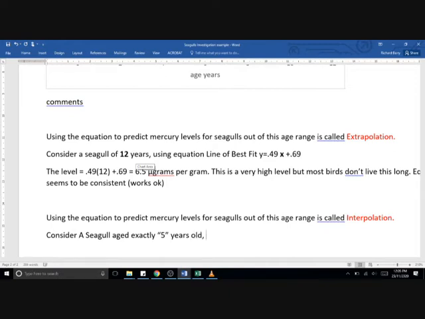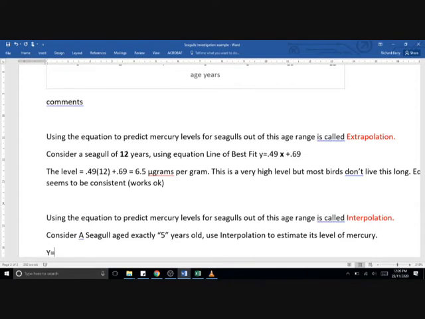We use interpolation to estimate its level of mercury.